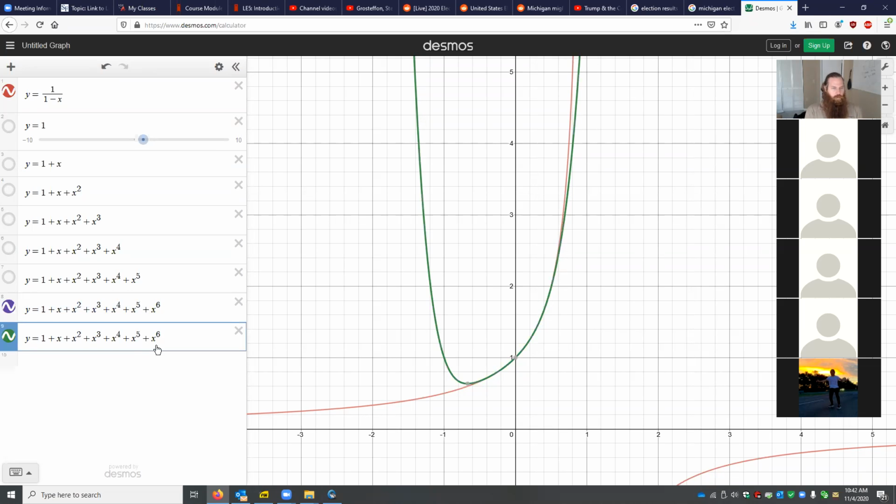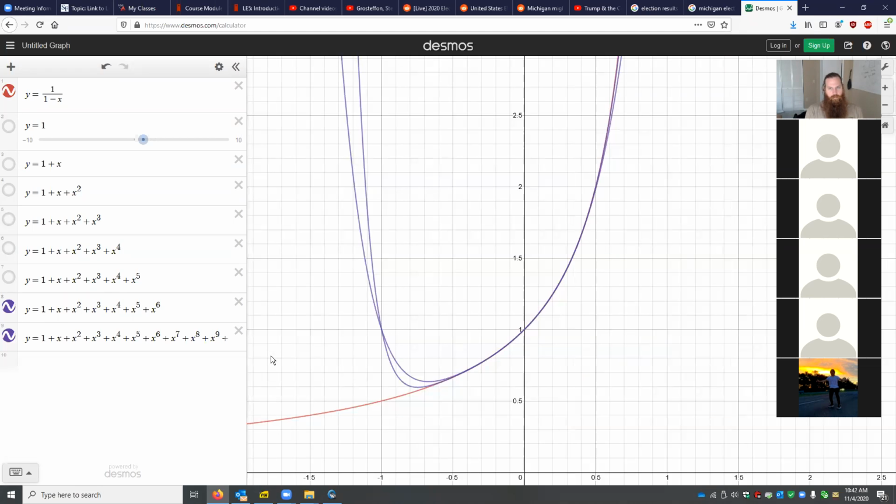I can give more and more terms. Here's going out to the 10th term. All right, and you see, he's trying a little bit harder to stick to that graph than the earlier one. The later guy is doing a little bit better job approximating the red function.